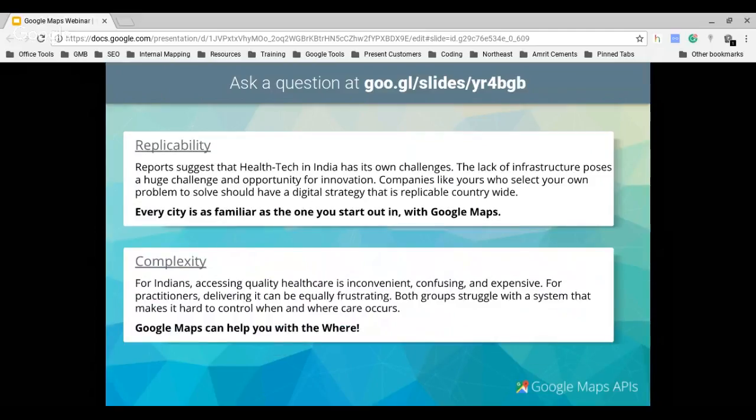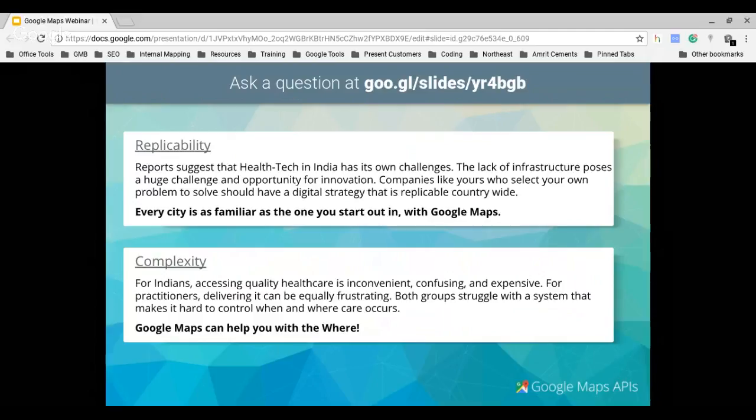From trends coming to challenges, we have the first challenge of replicability, right? Reports suggest that health tech in India has its own challenges. The lack of infrastructure poses a huge challenge and opportunity for innovation, right? Companies like yours who select your own problem to solve should have a digital strategy that is replicable countrywide, right?